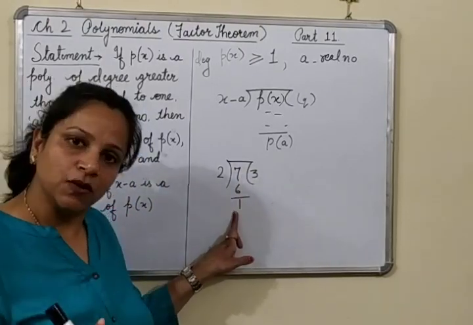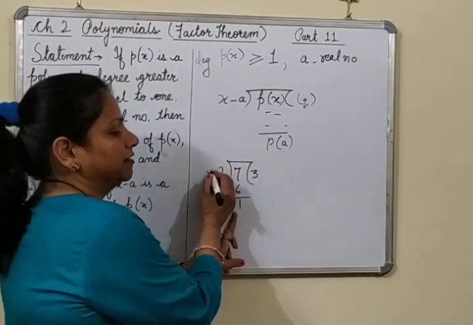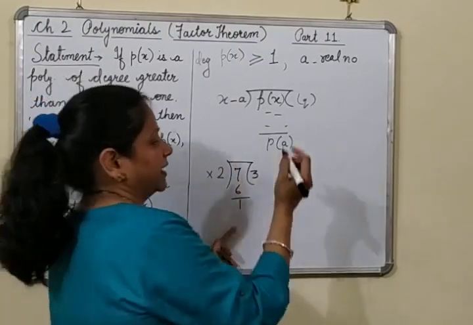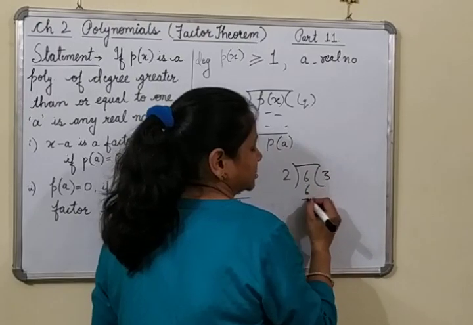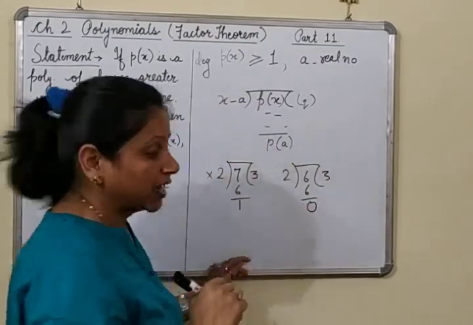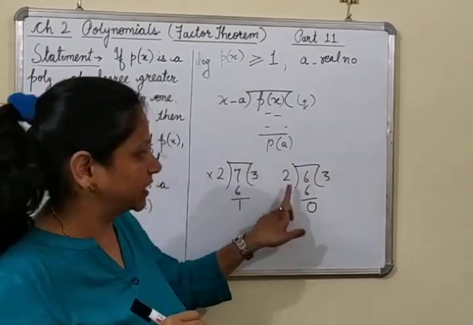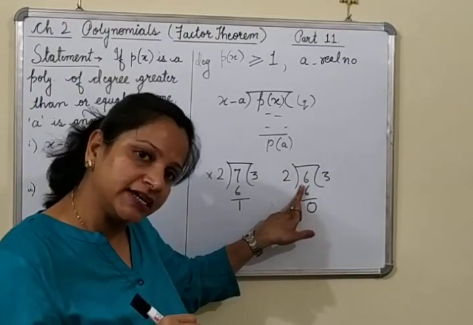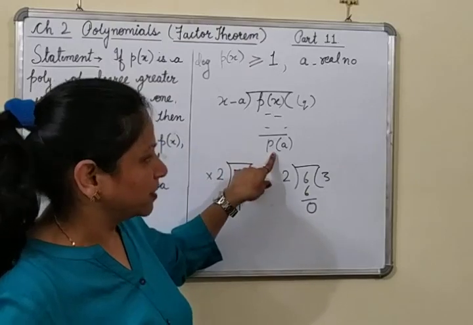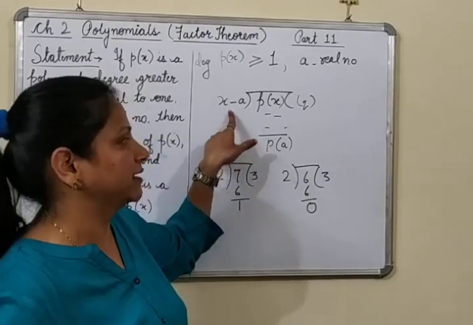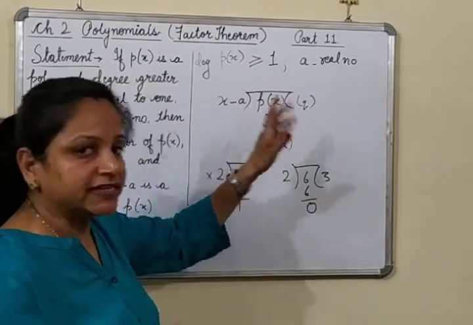Because the remainder is 1. That means 2 is not a factor. Next, if we take 2 threes are 6, the remainder is 0. Now the remainder is 0, so we say 2 is a factor of 6. That's how we say it. So in the same way, we say over here, if P(a) is 0, then x minus a is a factor of Px. Same is this condition.